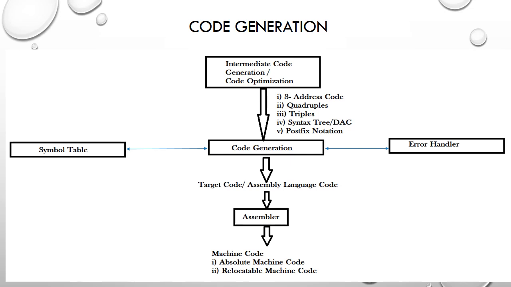For example, variable A will go to address 1000, and variable B will go to location 1002. So this is the absolute machine code. The relocatable machine code means, let's say you have a target code and that target code is assigned some memory location when it was running for the first time.